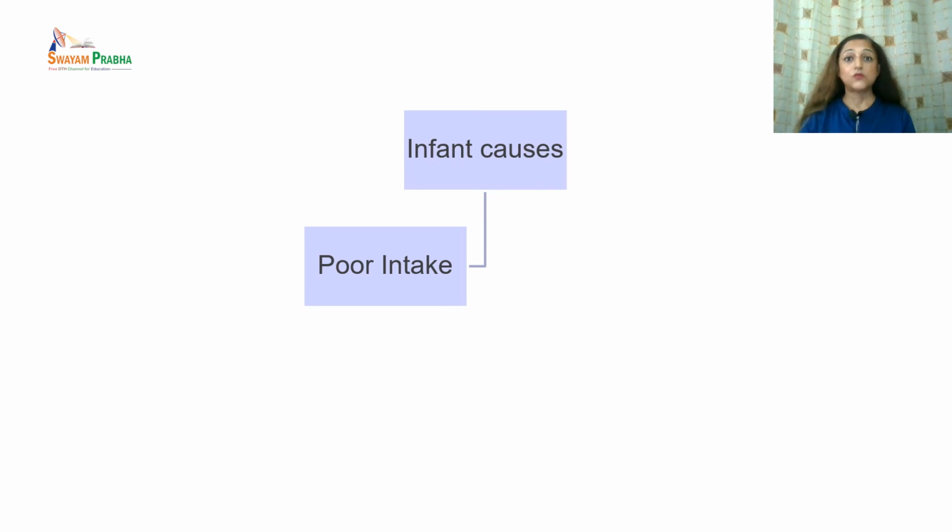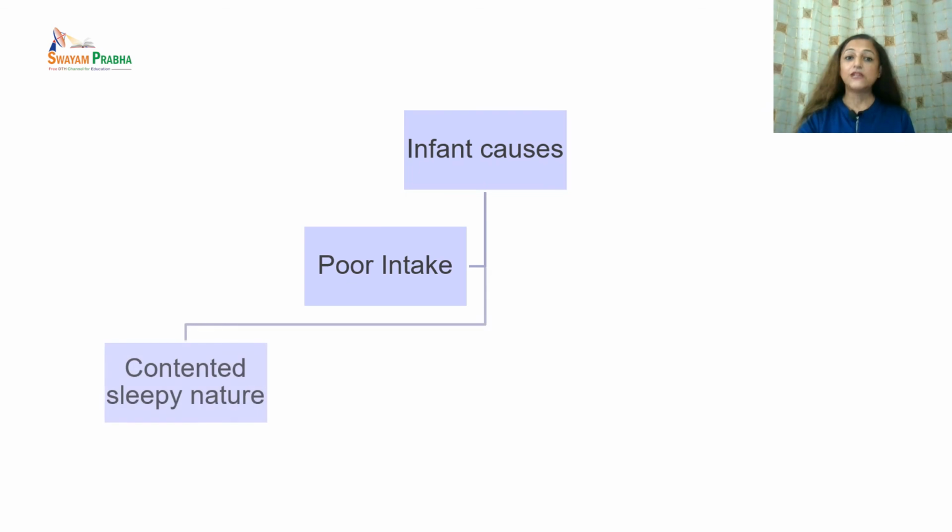We have just discussed the maternal causes, where either the milk is not sufficiently produced or it is not causing sufficient letdown reflex. Along with that, there could be reasons where the infant is unable to take a sufficient amount of milk. So what could be the reason? Either it could be poor intake. What causes poor intake?